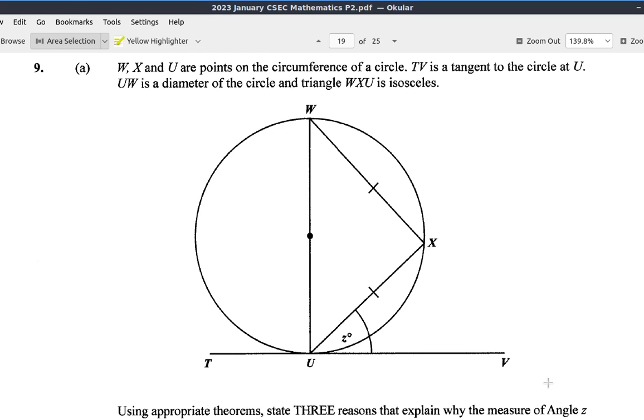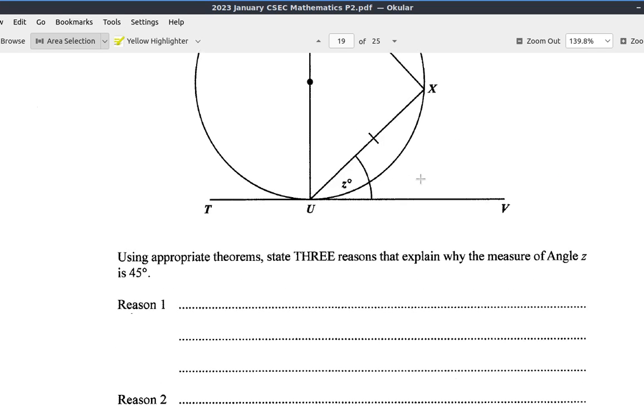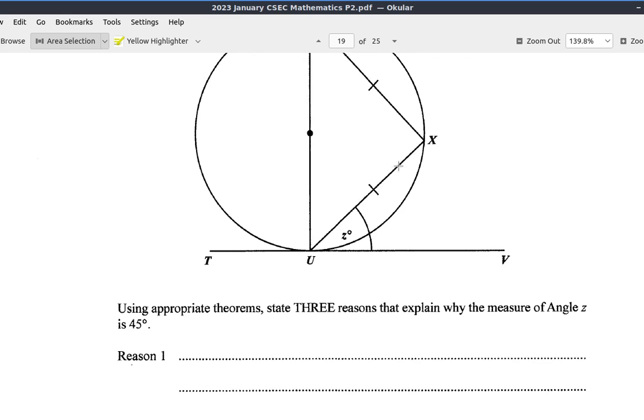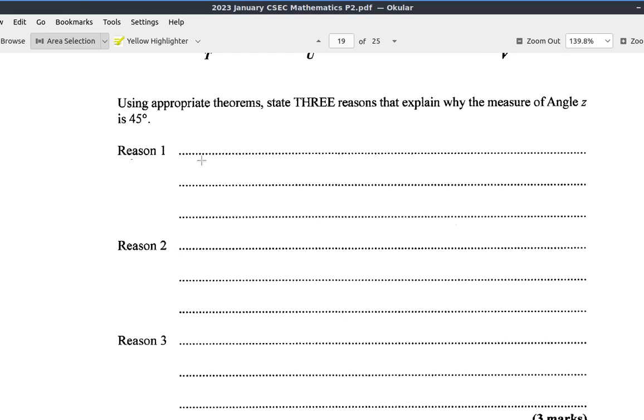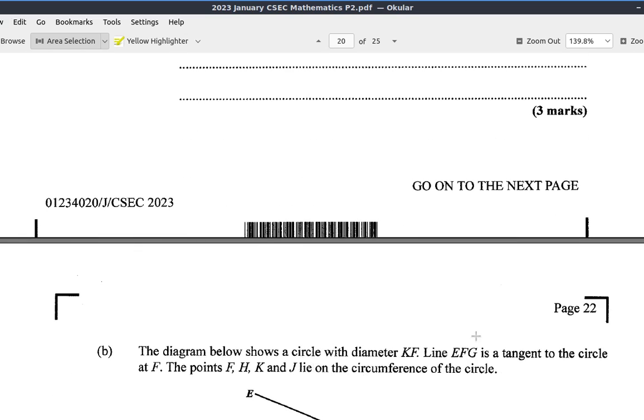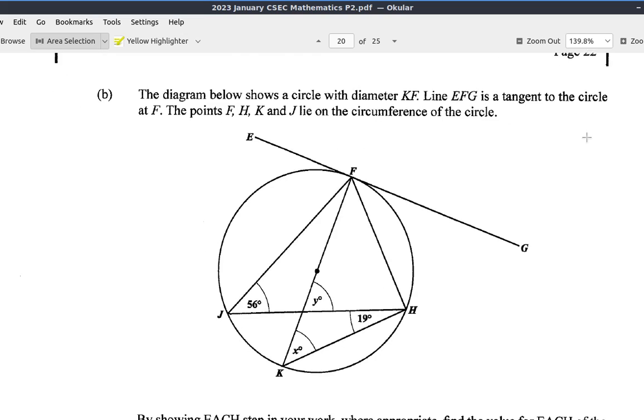But that seems to be quite a bit for just 3 marks. You will be doing your writing in these lines, putting all of these arguments together to make 3 reasons, and finally coming to the 45. But anyway, you look at B.